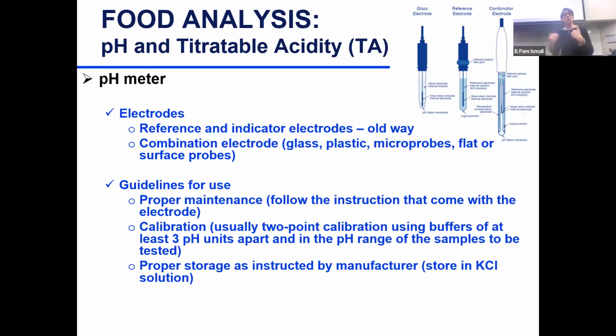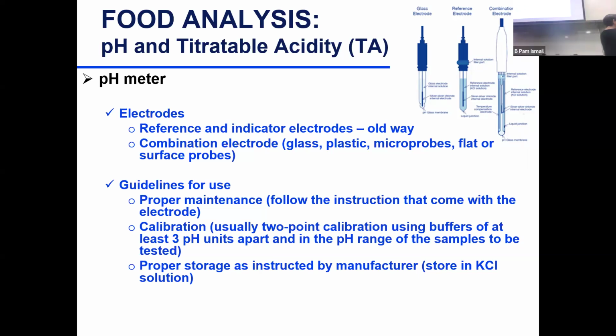And before you use it, you calibrate. Usually we do 2-point calibration, sometimes 3-point calibration with 3 different pHs: pH 4, pH 7, pH 10, using standard reagents. And then we have to clean the electrode.